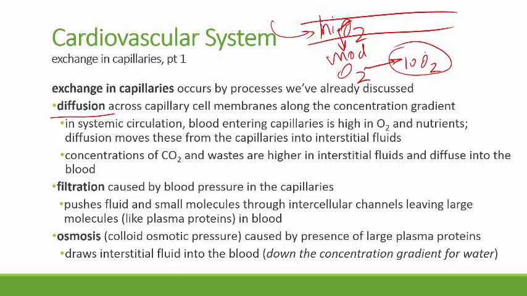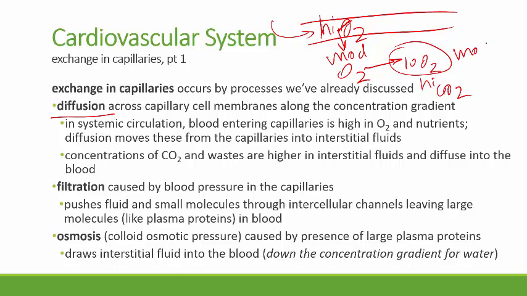Now at the same time, carbon dioxide is being made inside the cell because the mitochondria are using the oxygen and the glucose to make energy, or make ATP, the cellular energy. So this is going to be high CO2 here inside the cell.